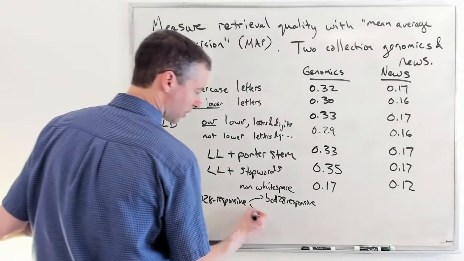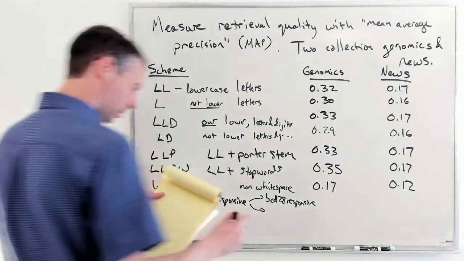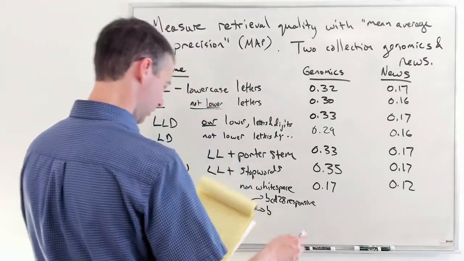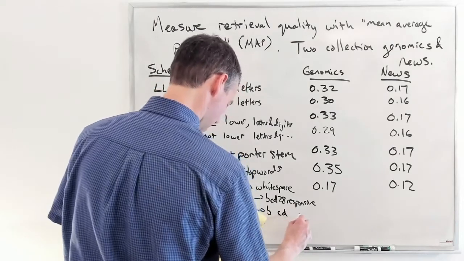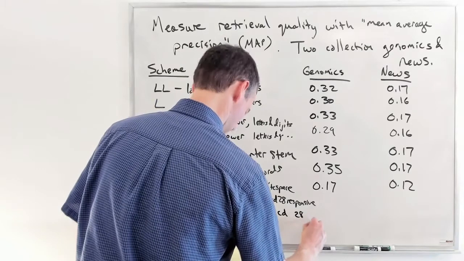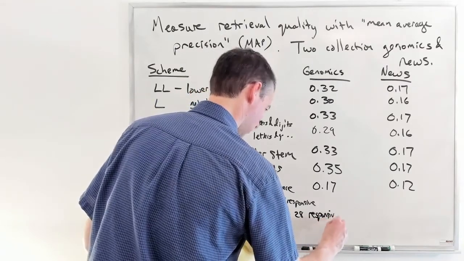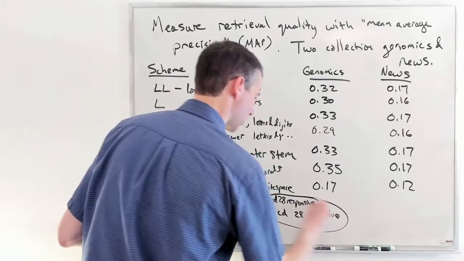It also then goes in here and then runs a more regular form where it goes, oh, I'm going to split on all this stuff in lowercase. And so then you get a B and a CD and a 28 and a responsive. Okay, and these are all the tokens.